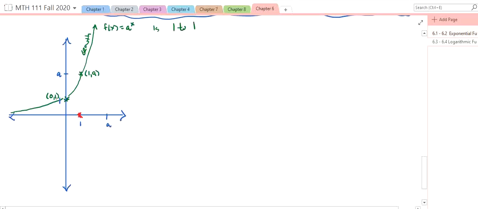So let's just start with these points. 0, 1 turns into 1, 0, and 1, a turns into a, 1 here. And again, this should be a mirror image across here. And a mirror image to this function would look like this. And every point in here is a mirror image across that. So this is the inverse.